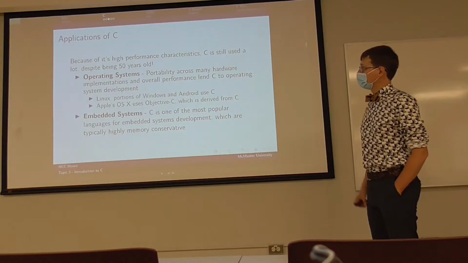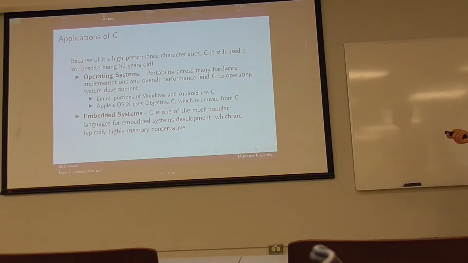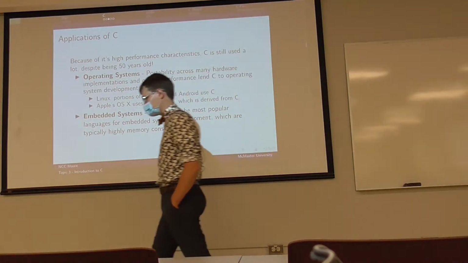Because of its high performance characteristics, C is still used a lot despite being 50 years old. Portability across many hardware implementations and overall performance lend C to operating system development.